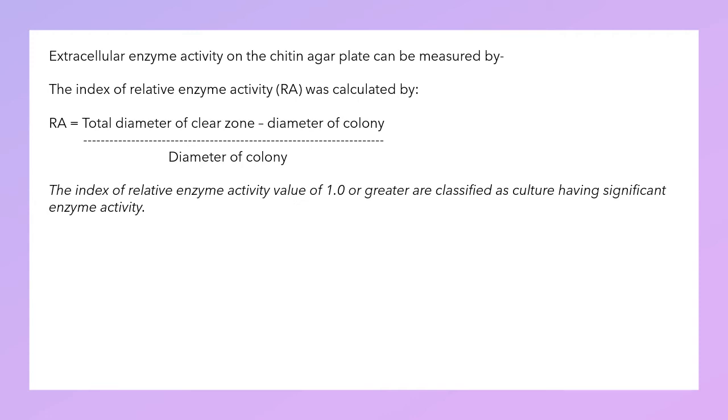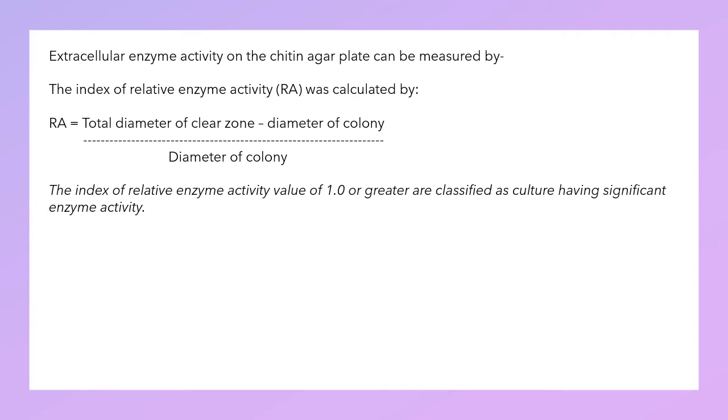Okay, so extracellular enzyme activity on chitin agar plate can be measured by calculating the enzyme activity, so you go for this formula. The index of relative enzyme activity, that is RA, is calculated as the total diameter of the clear zone and colony minus the diameter of the colony, divided by the diameter of the colony.